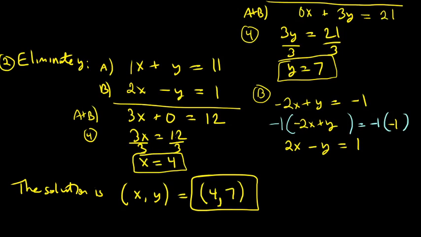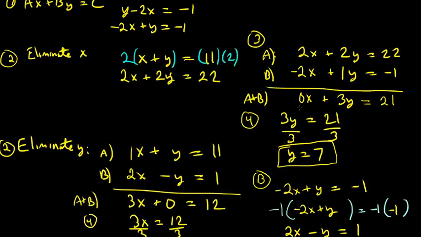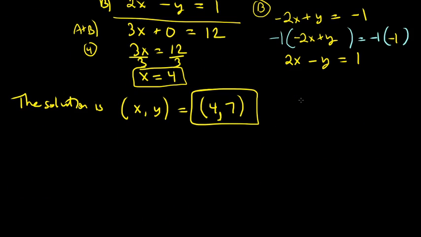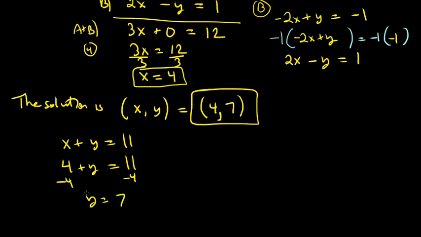So if you only got x equals 4, how would you get y then? Well, you just plug in the 4 into one of the original equations. Let's say x plus y equals 11. If x is 4, right, then y is just 11 minus 4, which is 7, which we already knew, but there it is again.